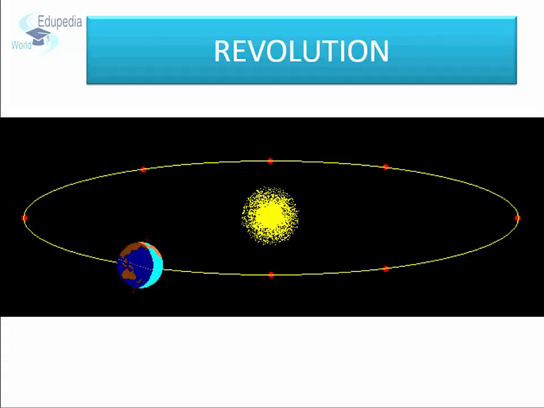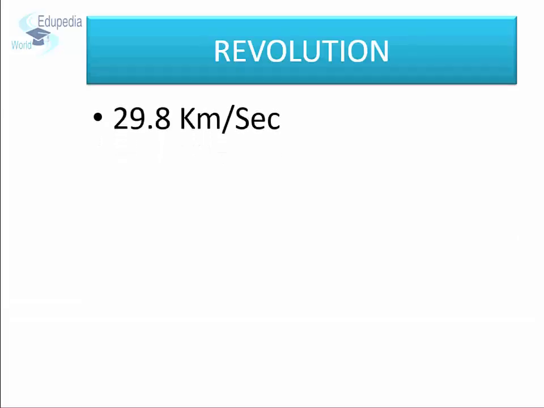Since the Earth takes 1 year to complete one revolution around the Sun, this motion is also known as the annual motion of Earth. The Earth revolves around the Sun in an elliptical orbit at a speed of 29.8 kilometers per second or about 1 lakh kilometers per hour.